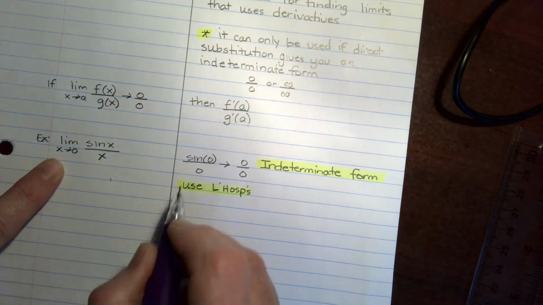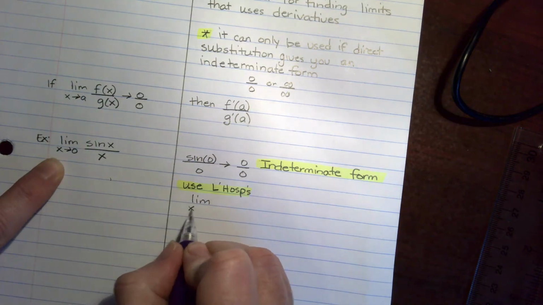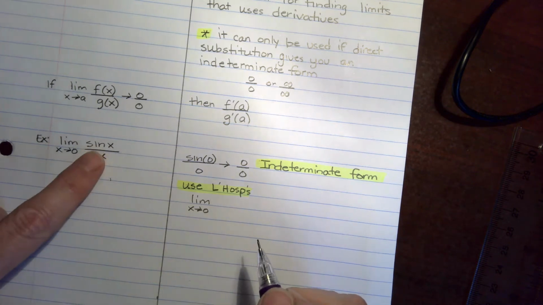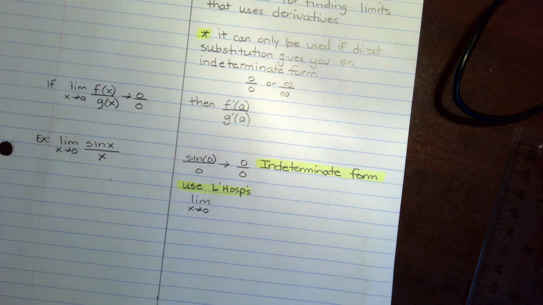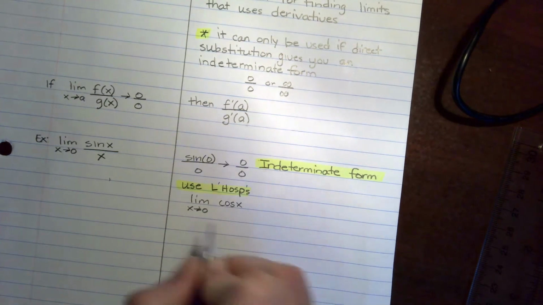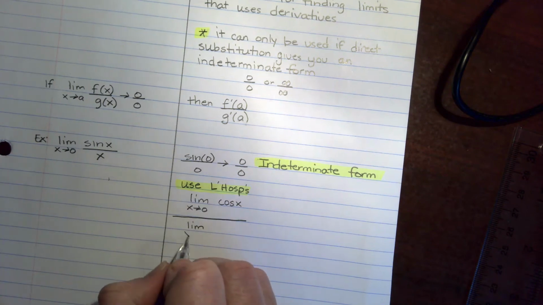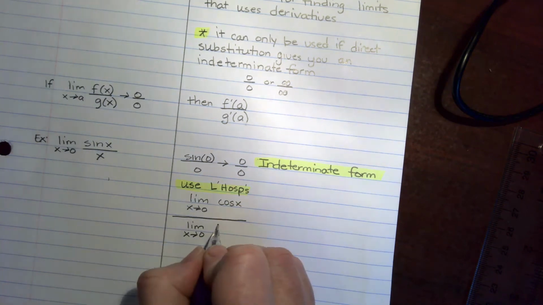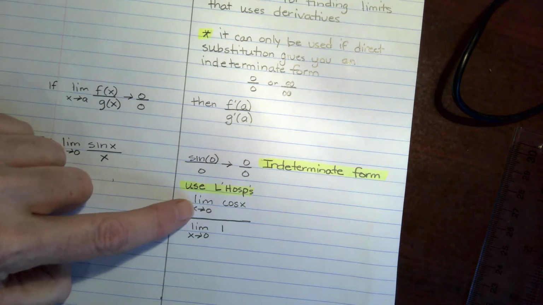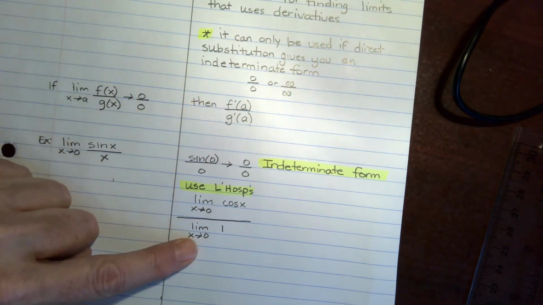Okay, so the way that we're going to find this is that we're going to show that this is the limit as x approaches 0 of the derivative of sine of x, well, the derivative of sine is cosine, over the limit as x approaches 0 of 1. Now, notice that I wrote this limit out twice. You have to find them as two separate functions.